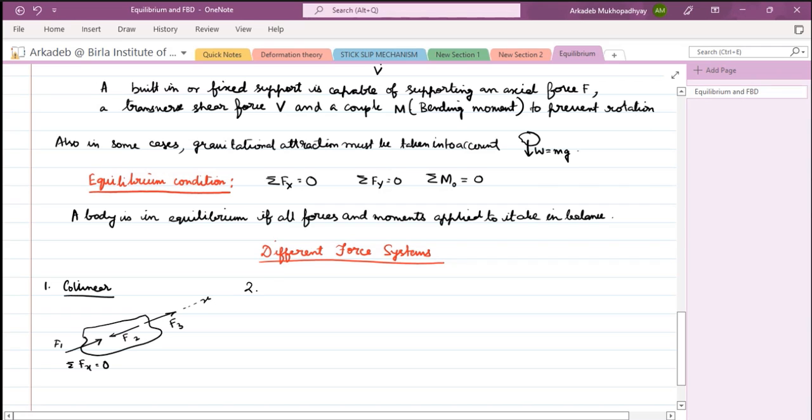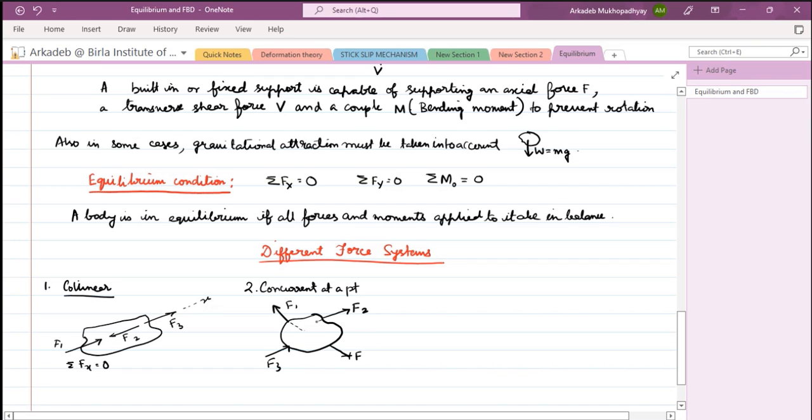Number 2 is you can have all these things concurrent at a point. Then say you have a body like this. You have F1 like this, F2 like this. You can have F3 like this, and you can have say F4 like this.